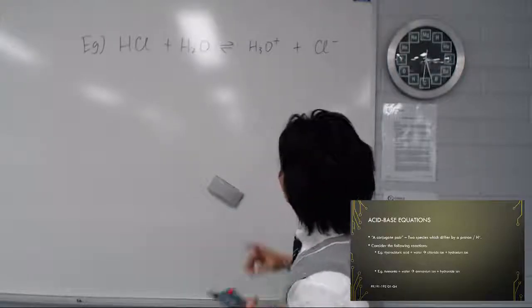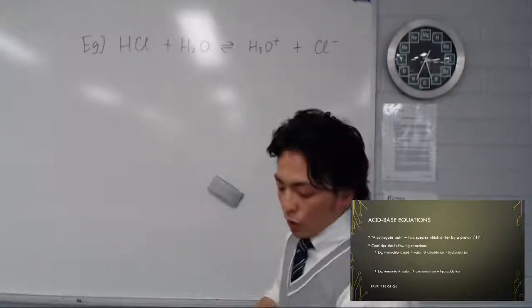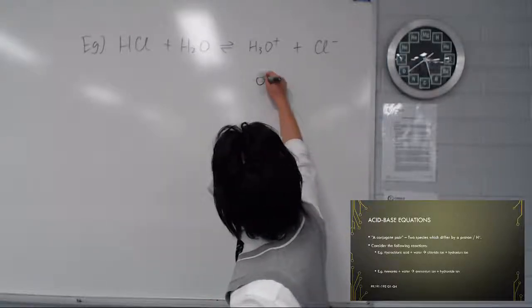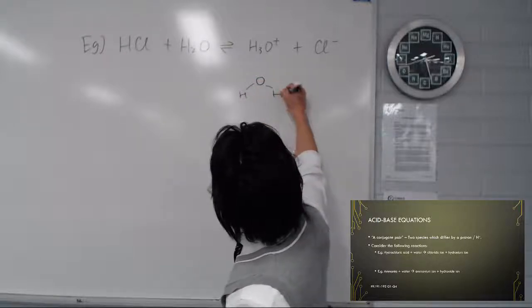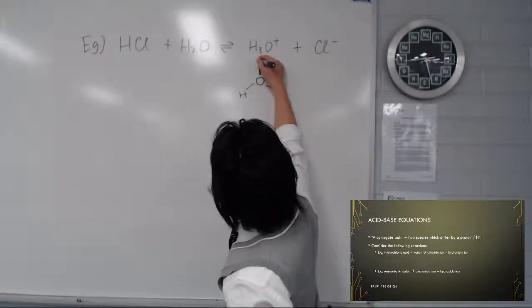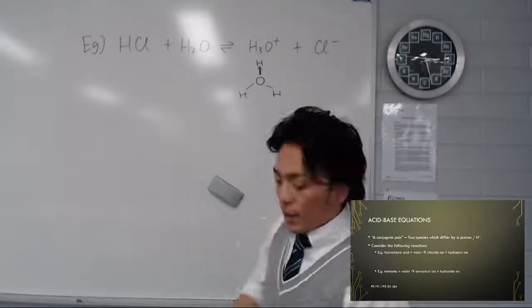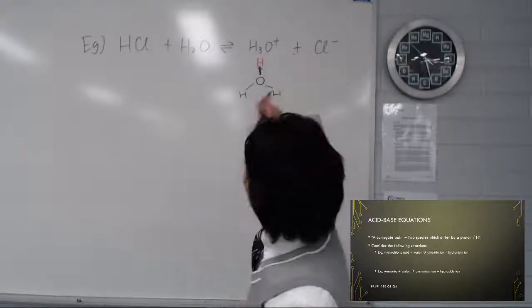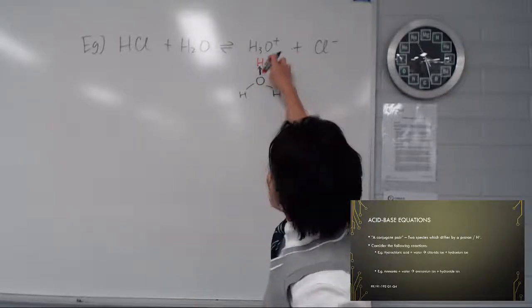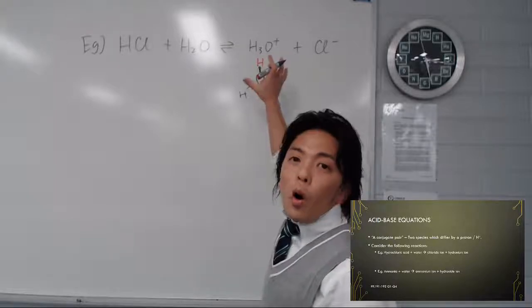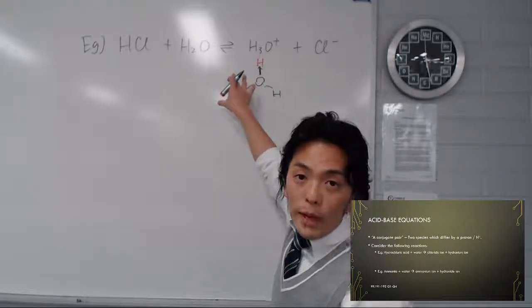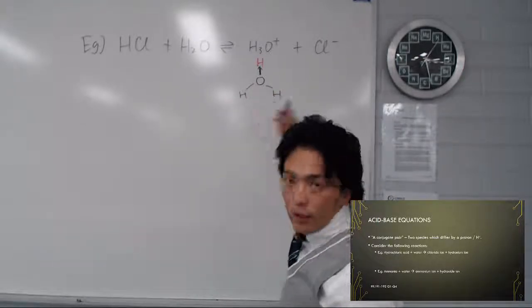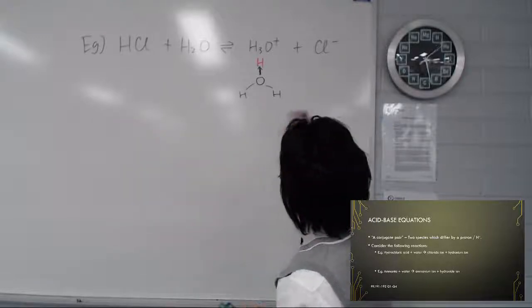If you draw the shape of it, you would also notice it has a coordinate bond, and this hydrogen, this proton, can come off from H3O plus anytime. So this is considered to be an acid if you are looking at the backward reaction.